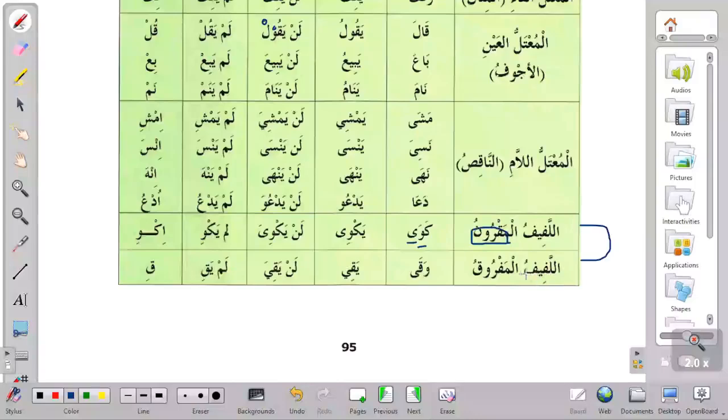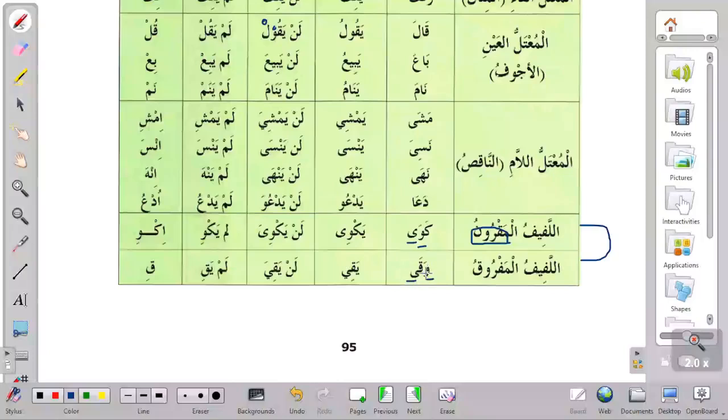Now, al-lafif al-mafruq. Of course, when you hear mafruq, what comes to your mind? Separated. So al-lafif al-mafruq has more than one harf al-illa, but they are not following one another. An example is waqa. There's a wa here, which is a harf al-illa, and there is an alif maksura here, which is also a harf al-illa, but they are not following one another.